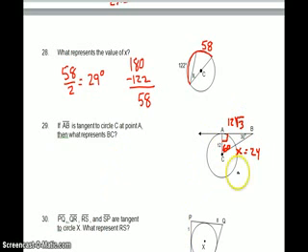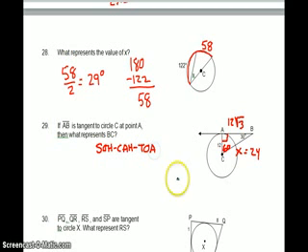But let's show you SOHCAHTOA on that. Never hurts to review SOHCAHTOA. Okay, we've got the angle. We've got the adjacent. And we're looking for the hypotenuse.